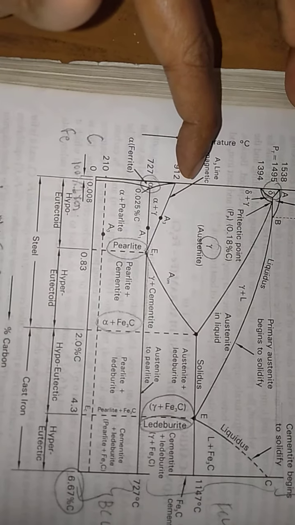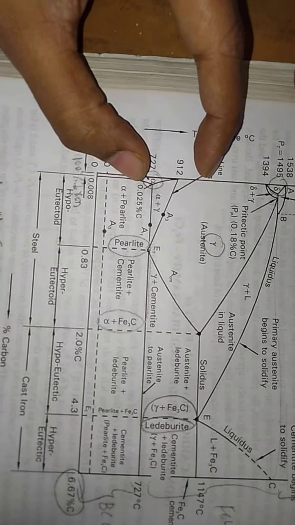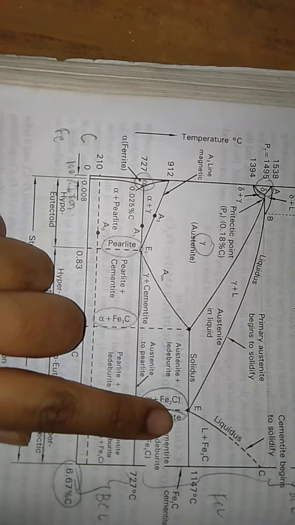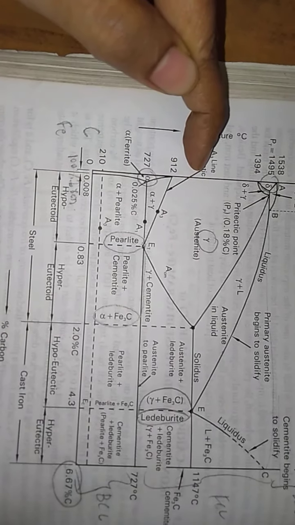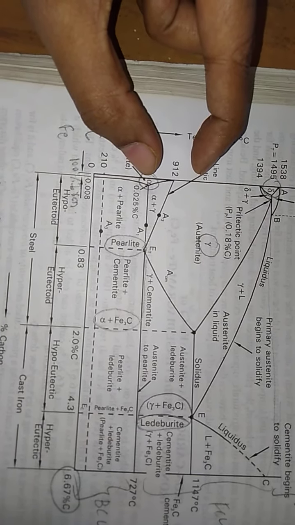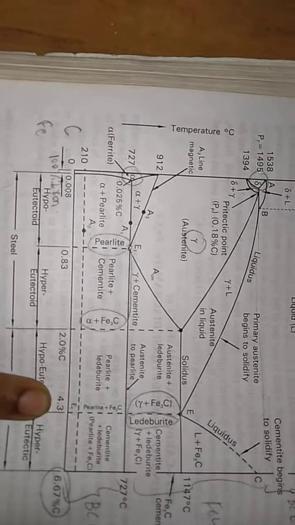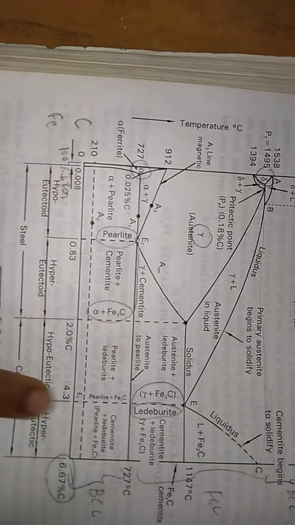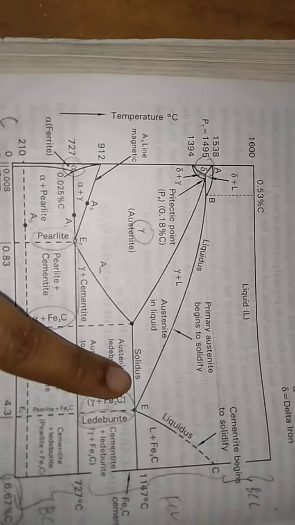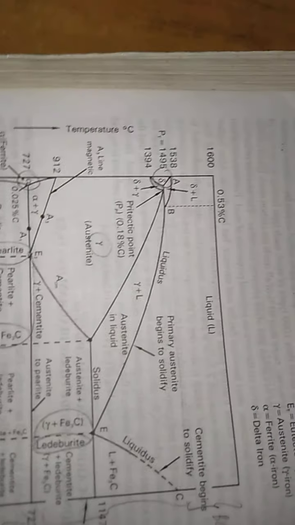That is not mentioned here, but it is understood. This point indicates 1147. So within this temperature and at 4.3 percent carbon only will you find ledeburite, which is a combination of gamma iron and iron carbide.